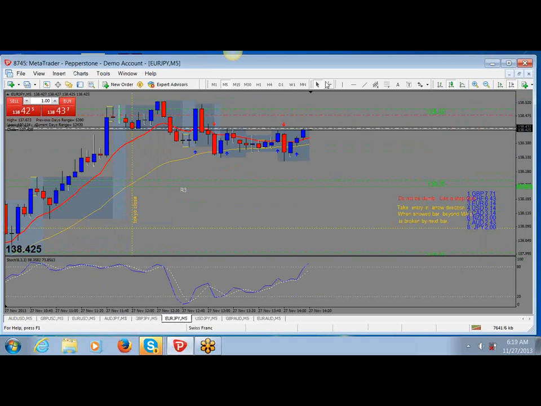Let's see, how long have I been in this trade? 13 bars, 1 hour and 5 minutes. It looks like it's not even going to carry through that. Don't like this.